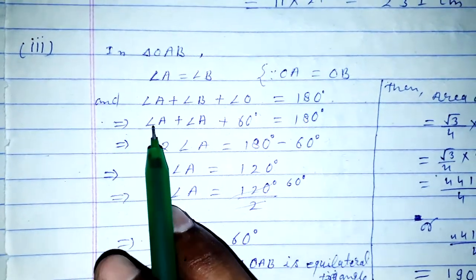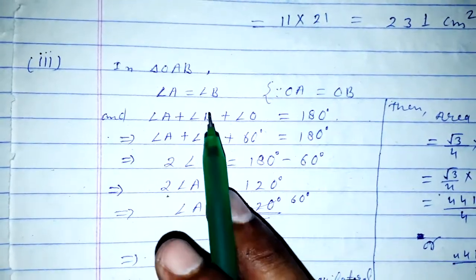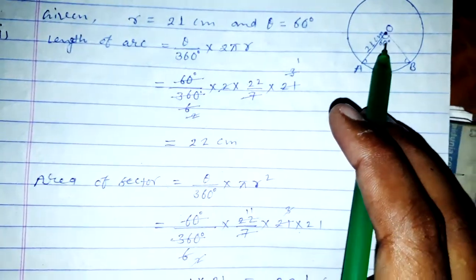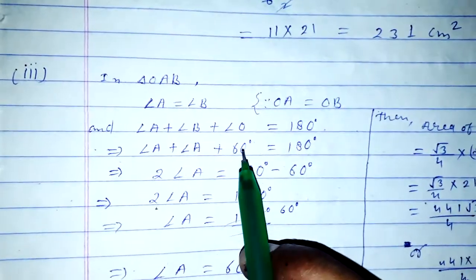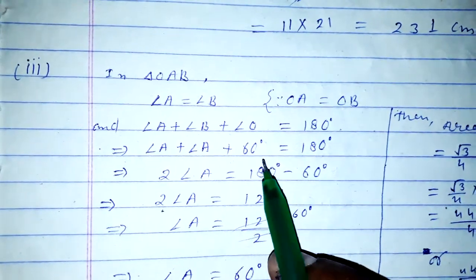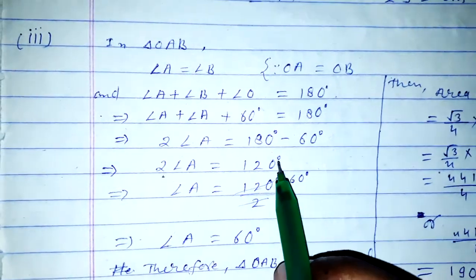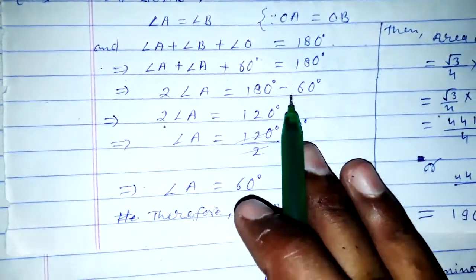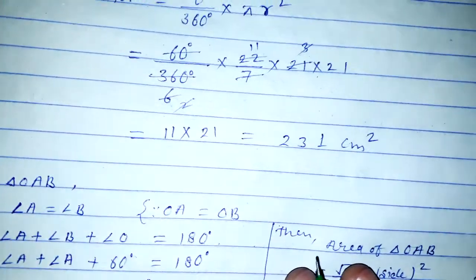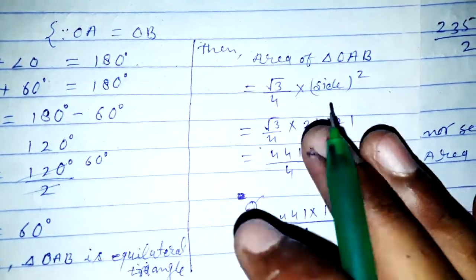So angle A and angle B are equal. Angle O is 60 degree. So this is 2 angle A, subtract here, so 120 degree divided by 2. So this is 60 degree. Therefore triangle OAB is an equilateral triangle.